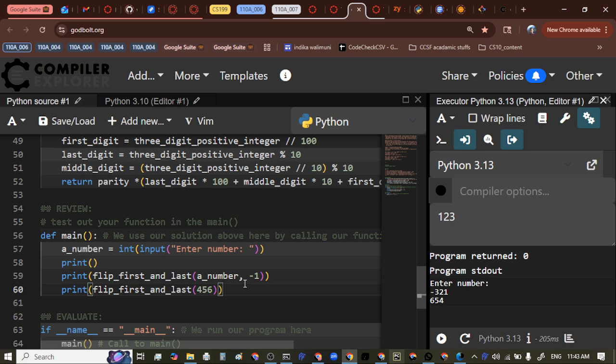Right. And if you want to remember, we already encountered this default parameter. Can anyone recall where we encountered this?